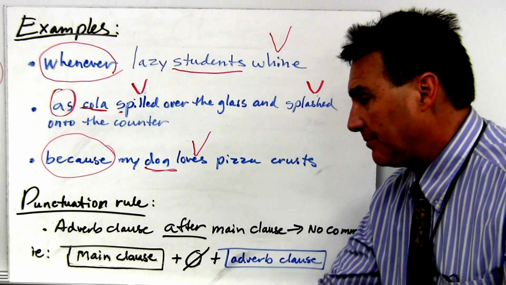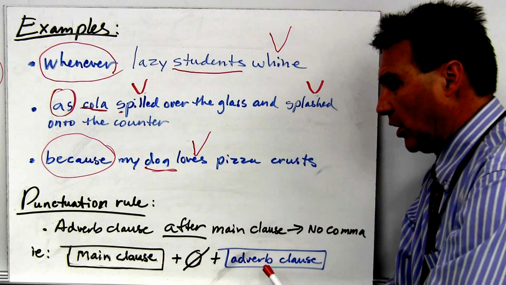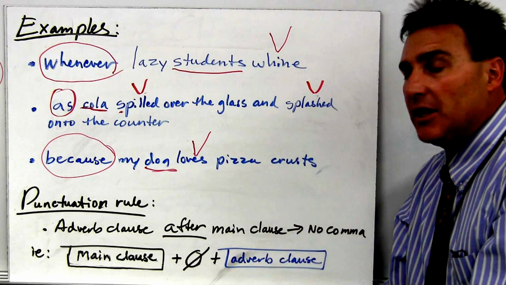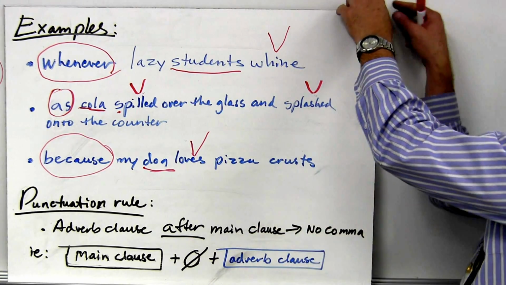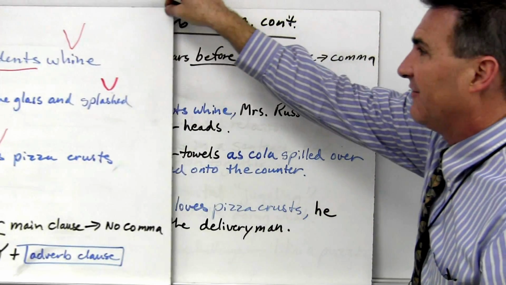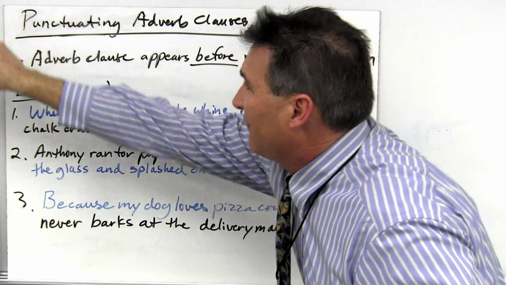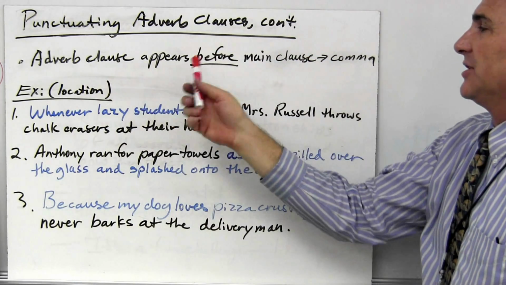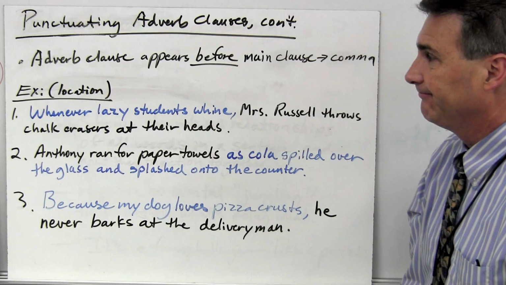Here it's a complete thought because the main thought completes it. So no comma is needed between a main clause and adverb clause if the adverb clause comes after the main clause. However, if that's not the case, if our adverb clause appears before the main clause, then we will need a comma.